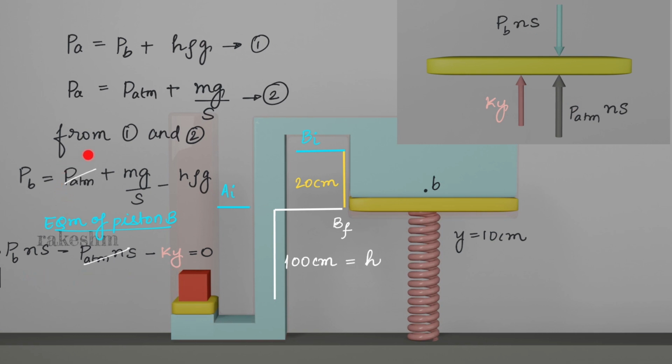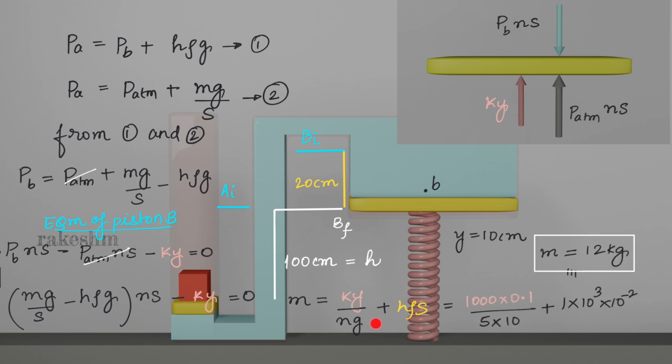When we put the expression for P_B here, the P_atm into NS term and this P_atm into NS will get cancelled. So next we'll get mg by S minus hρg into NS minus Ky equals 0. So finally we get m equal to Ky by g times (N plus hρ) into S.